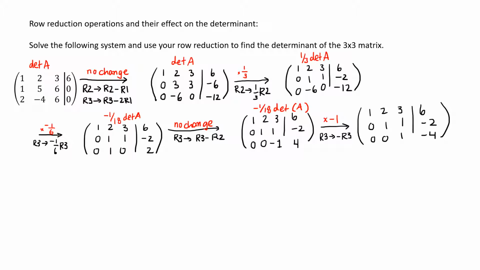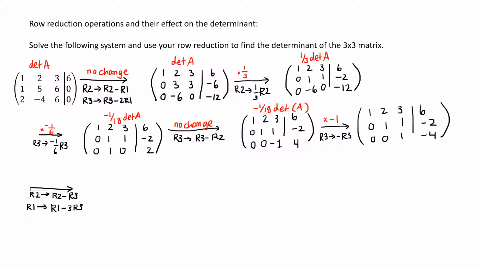All right, and now we're ready to do some back substitution to find our solution. At this point, it is easy for us to write out what our determinant is going to be. If we expanded using a cofactor expansion along the first column, we would see that our determinant is equal to 1. But let's continue on row reducing so that we can find our solution.